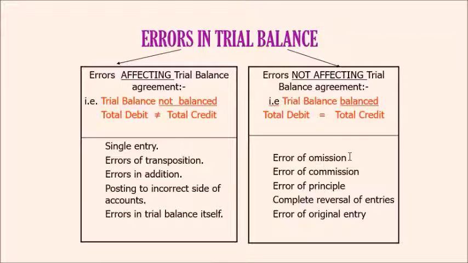Okay. Second is error of commission. It is when the correct amount is posted into the wrong account of the same category of account. An error of principle is when an amount is posted into an account of a different category.